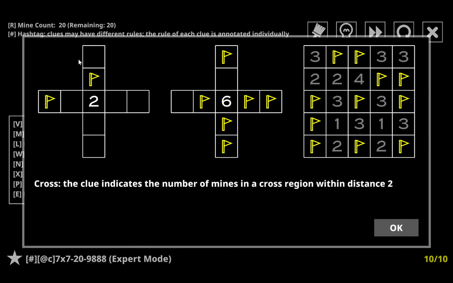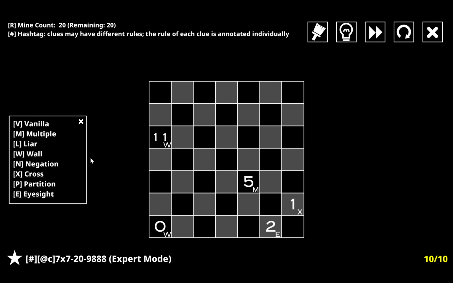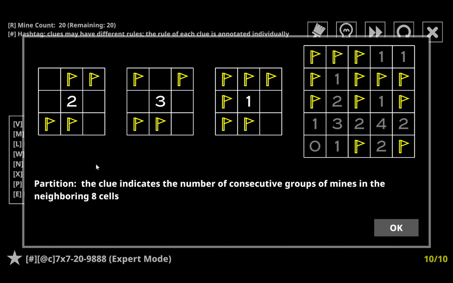Cross. This one's easily seen. This is just the region that each clue accounts for. Partition is similar to wall. It counts the number of groups around a mine. So 2, for instance, has 2 groups. They don't necessarily have to have 2 mines in them, though. There could just be 1, 1, or like 2, 3 ones or whatever. It's pretty self-explanatory.